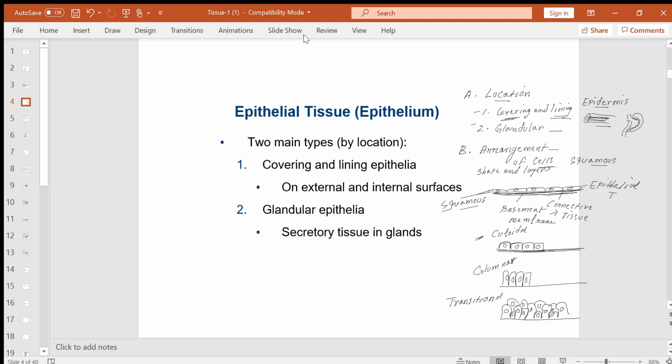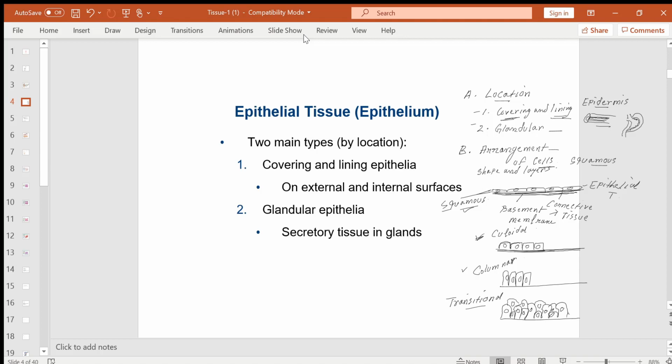Okay, transitional epithelium. Okay, so let's go back. Flat cells, squamous epithelium, cubical or cube shaped cells, cuboidal epithelium, tall columnar epithelium, and those in that epithelial tissue where the cells change their shape, so the shape is not fixed, that is transitional.